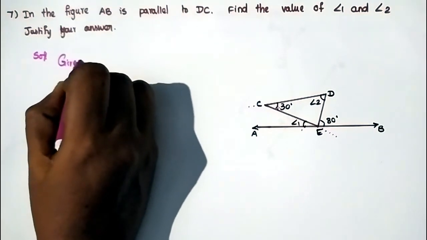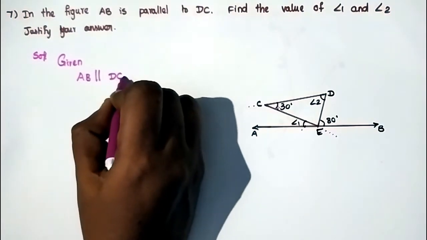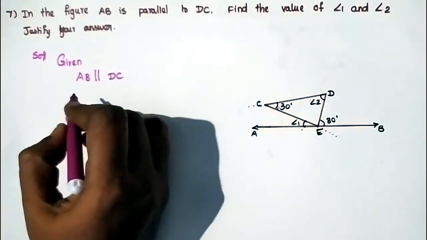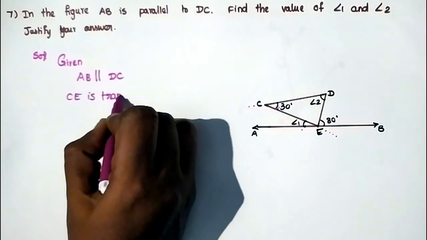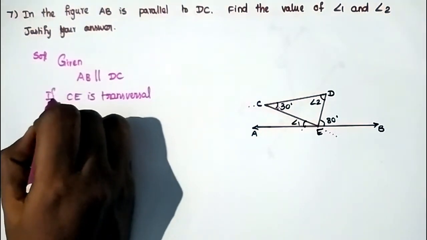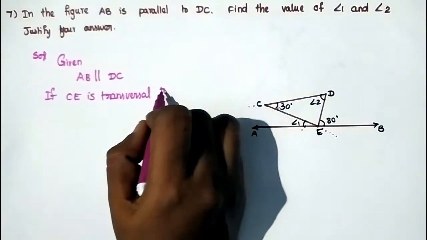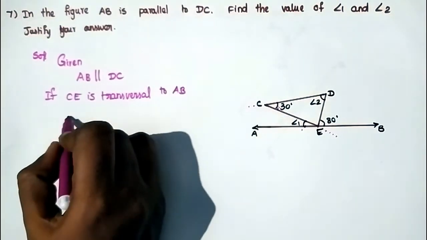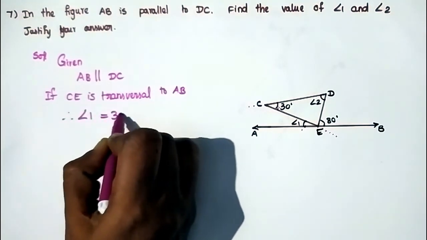Given AB is parallel to DC, so CE is the transversal. If CE is a transversal to AB, therefore angle 1 equal to 30 degrees.